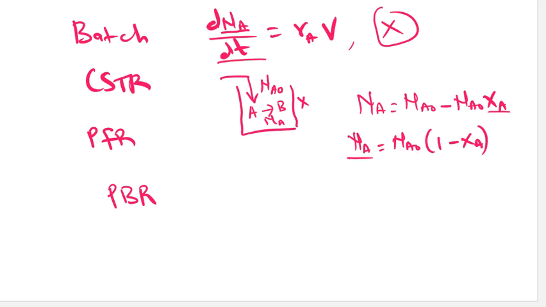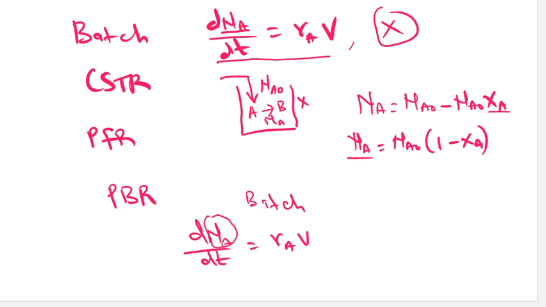So if we go back to the design equation for batch, Na dt equals RAV. In this Na, we can put Na naught times 1 minus XA into it, in order to get it in terms of conversion.